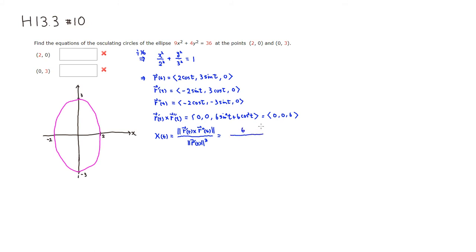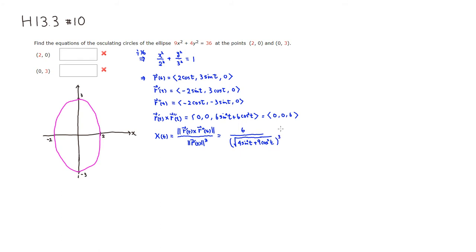On the bottom, the magnitude of the first derivative is the square root of 4 sine squared t plus 9 cosine squared t. Then we just need to cube that.